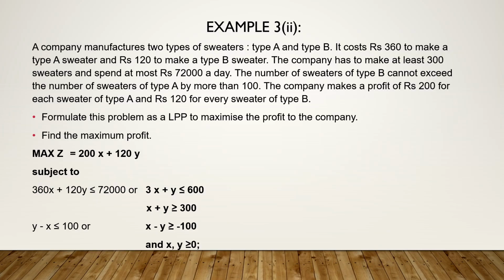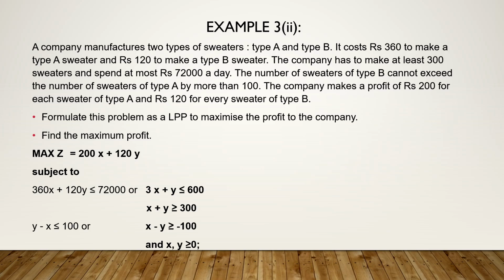I have taken the same example, but the second way how it can be used. See, the example is the same, only one difference is there. This is to illustrate how the feasible region matters. So I have taken this example, the second part. In this part, what is different over here is the company has to make at least 300 sweaters.